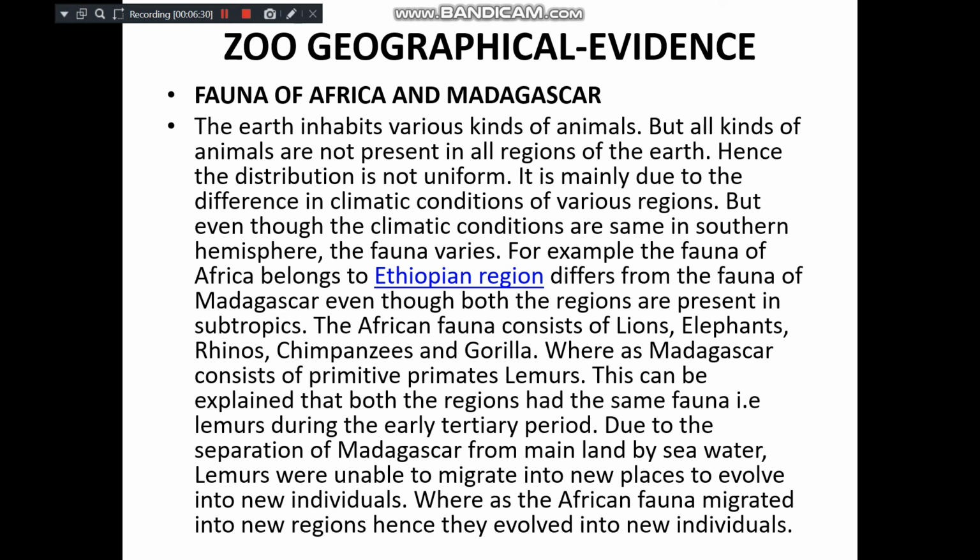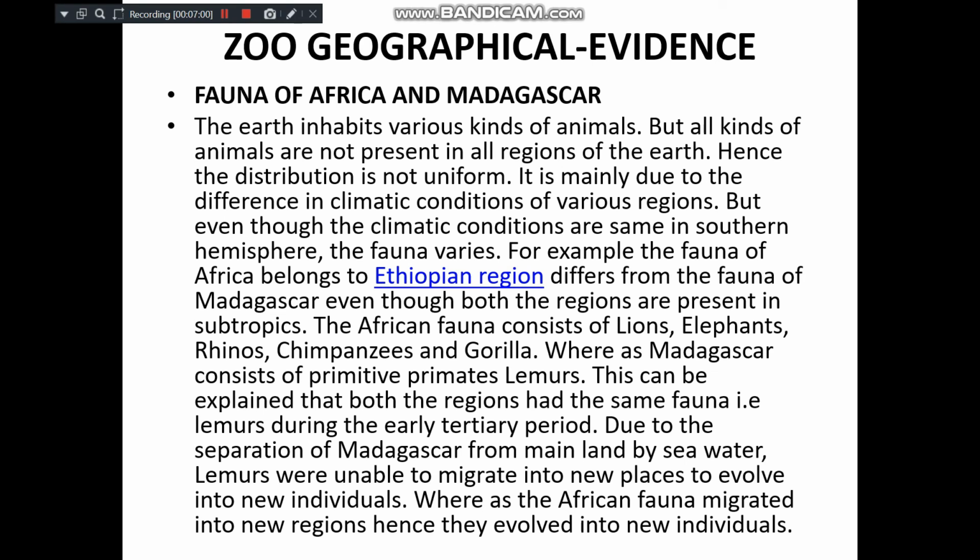African fauna consists of lion, elephant, rhinoceros, chimpanzees, and gorilla, whereas Madagascar has primitive primates like lemurs. What can be explained by this? Both Africa and Madagascar had the same fauna in the early Tertiary period.